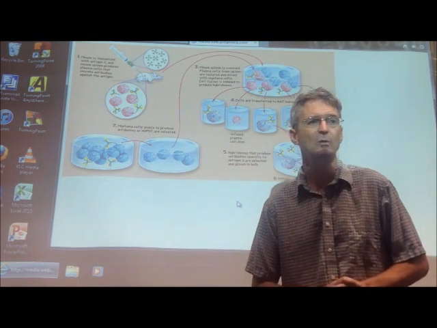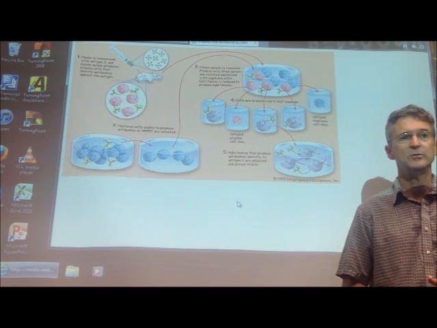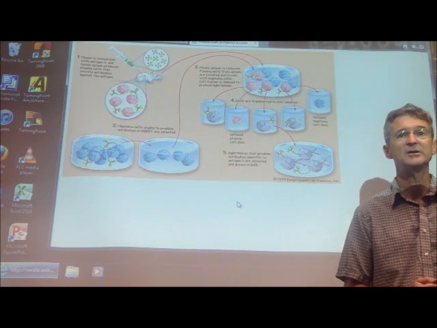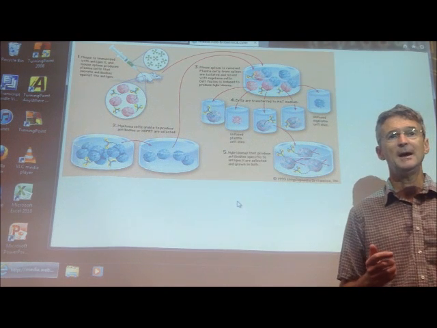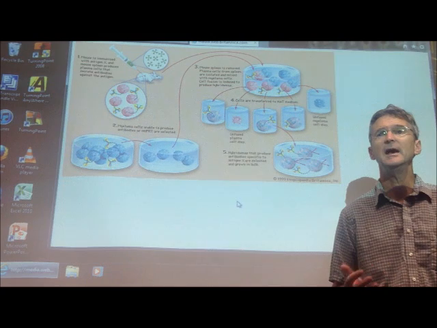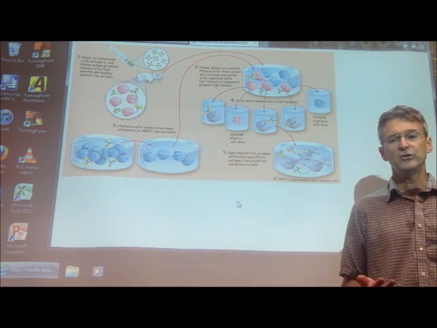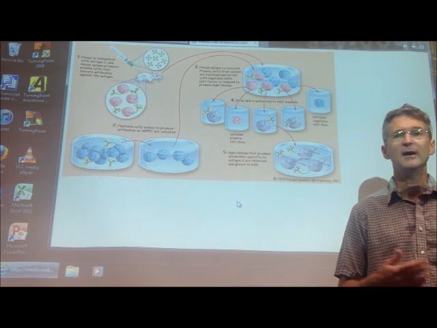Polyclonal antibodies are when you inoculate a rabbit with one particular antigen, but on that antigen there are many epitopes, as you're all familiar with from immunology. So you get an antibody for every epitope.